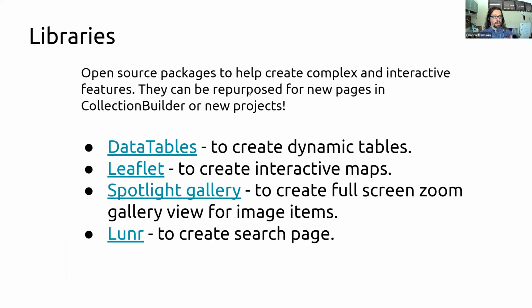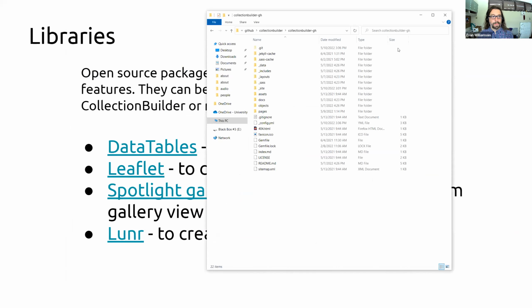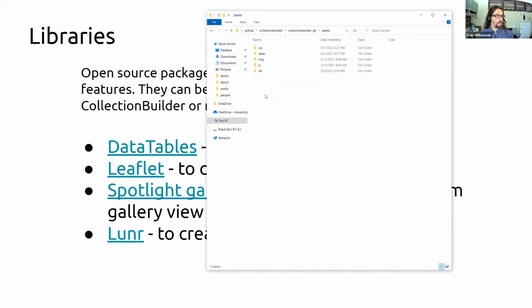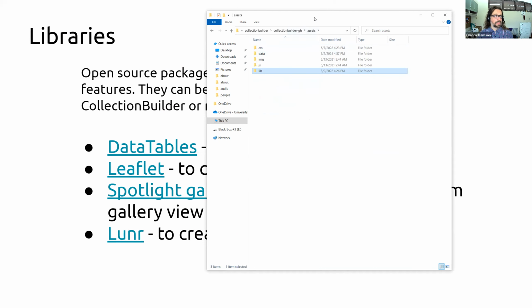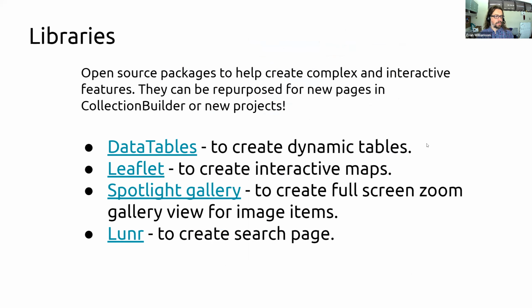You can find these in your assets and lib folder, so library folder. These are all external pieces of code that we didn't write, but are open source and reusable. All of them are really commonly used and well supported, so that's why we choose them.